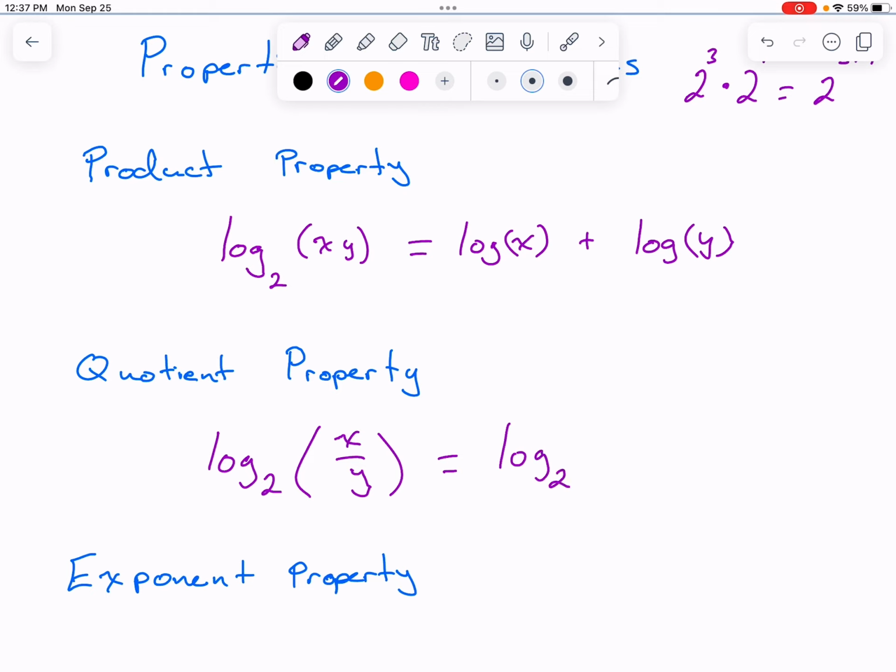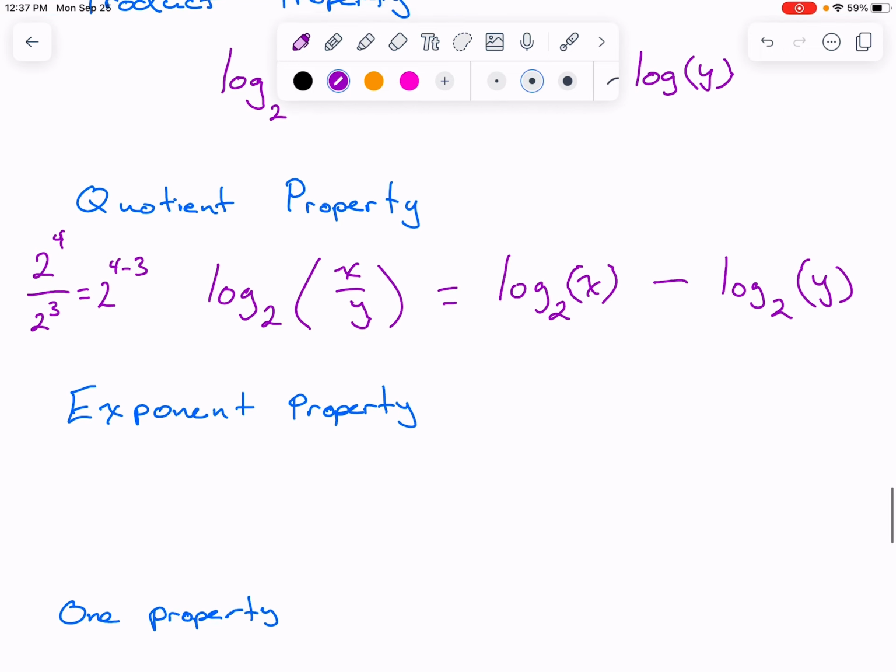They need to have the same base, but whatever was on top goes first, whatever's on the bottom goes second, and this one goes with subtraction because we subtract exponents when we divide bases that are the same, like 2 to the power of 4 divided by 2 to the power of 3 is equal to 2 to the power of 4 minus 3.